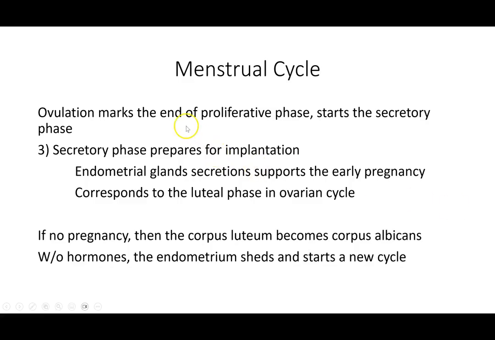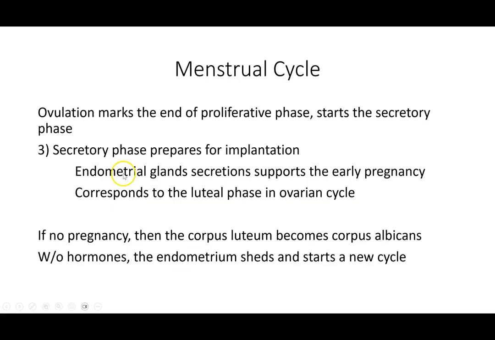Ovulation is the marker of the end of that proliferative phase in the uterus and the start of the secretory phase. This is where the uterus and that endometrium is preparing for a fertilized egg to implant.